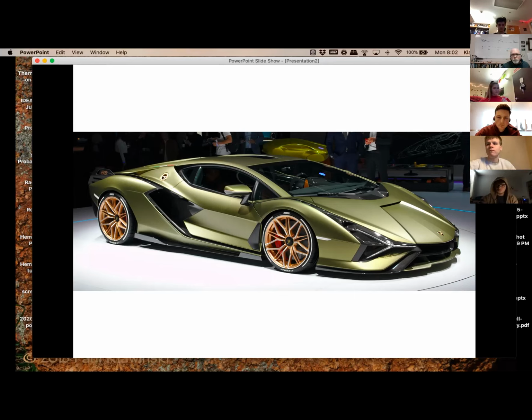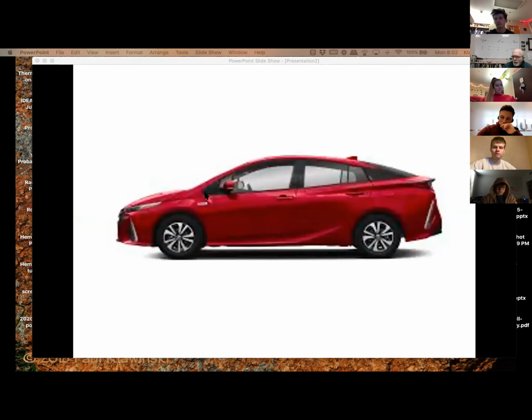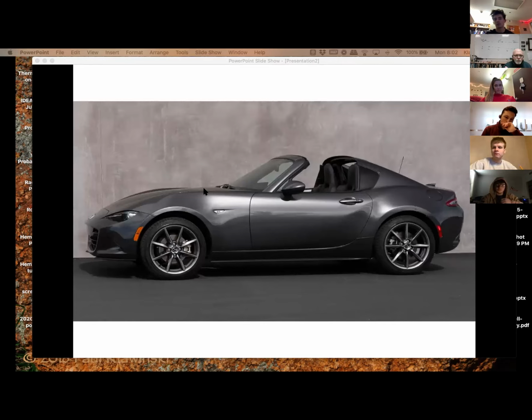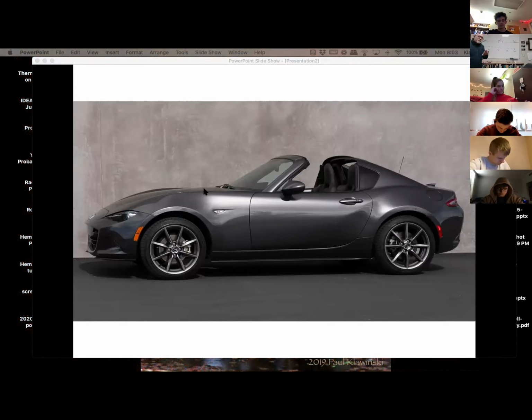Okay. So open up your chat function. Let me see if I can get my chat function to come up. Oh, there it is. Okay. So now that you have that numerical scale, I want you to go back to the point that you put on for this first car, this Miata, and I want you to estimate to your best ability what the numerical value would have been.